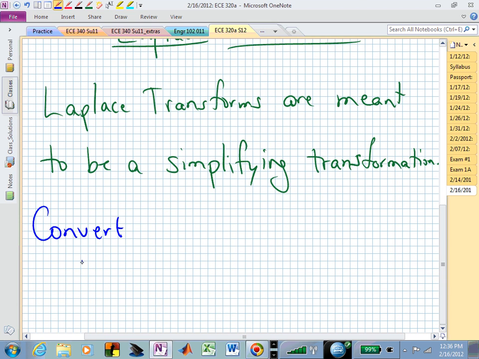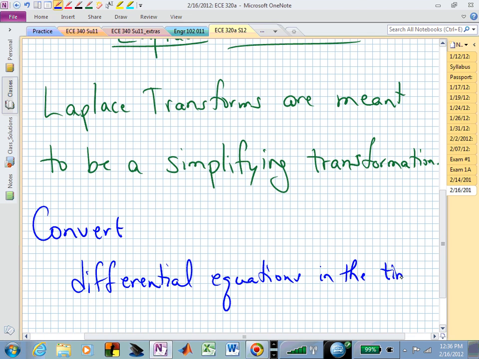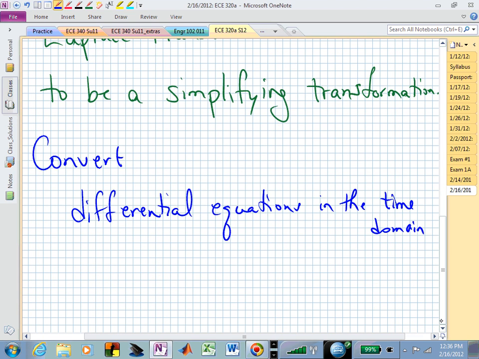We can convert differential equations, and those are in the time domain.